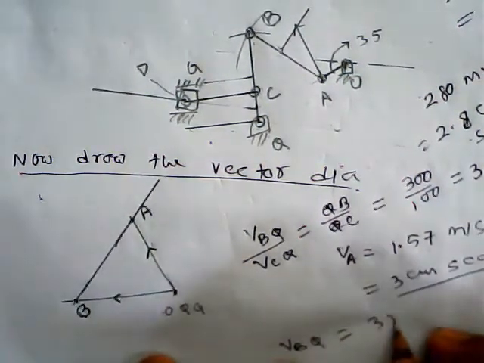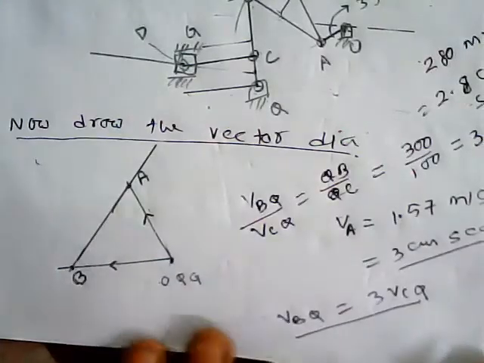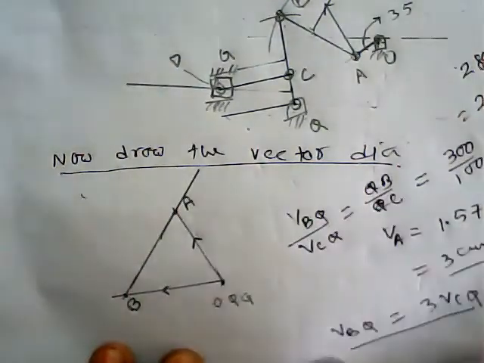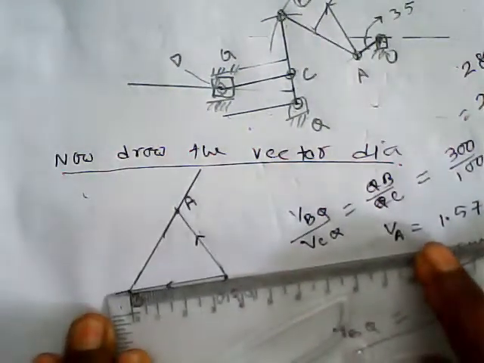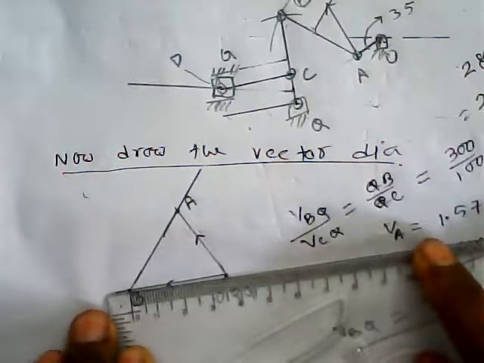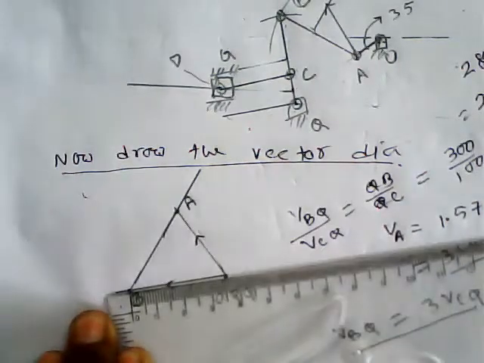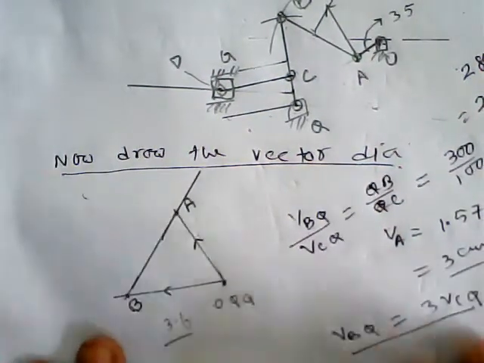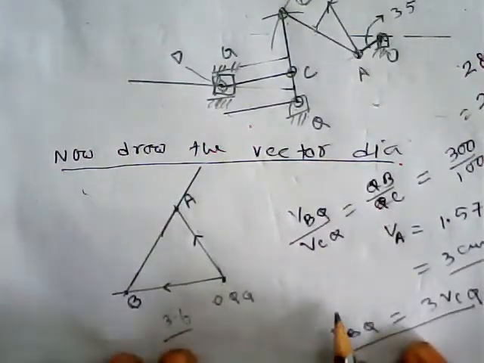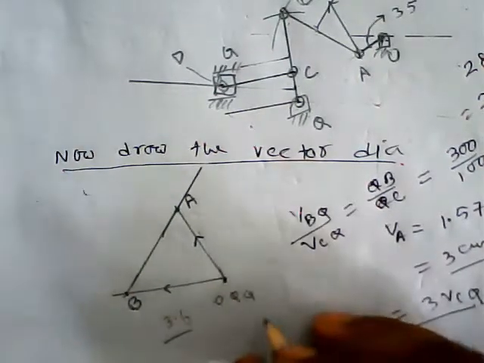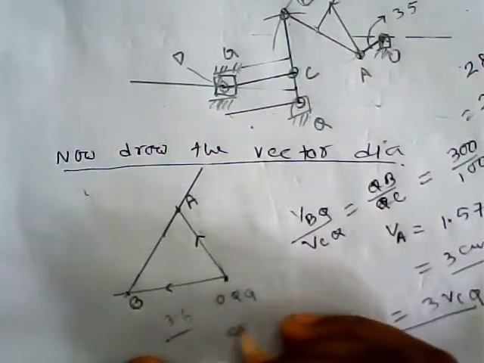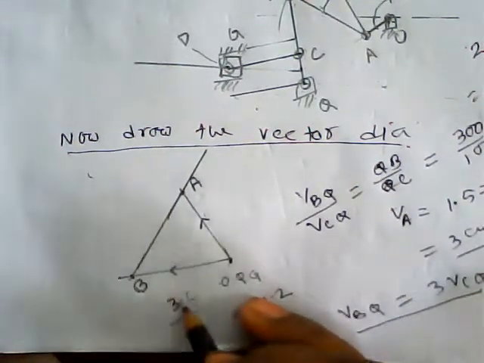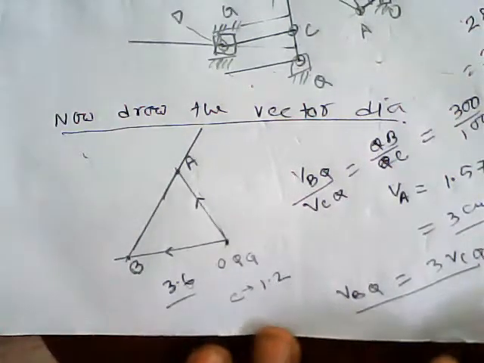That means V of B with respect to Q is 3 times V of C with respect to Q. So here the total length is known, and then 1/3 of the length, 3.6, then 1.2. So C distance is 1.2.